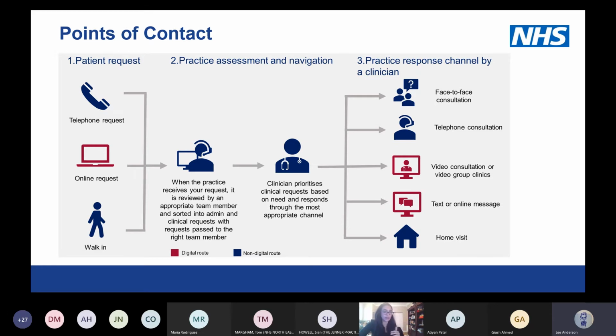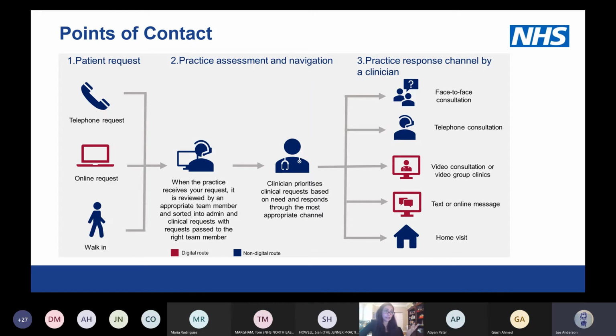Also look for bottlenecks and constraints, so avoid having fixed times, like only phone between 8 and 10 a.m., because that creates pressure points. And it's really, really important that all members of staff, particularly front of house, understand the roles of the wider team and what local services are available, and therefore can be trained in signposting.